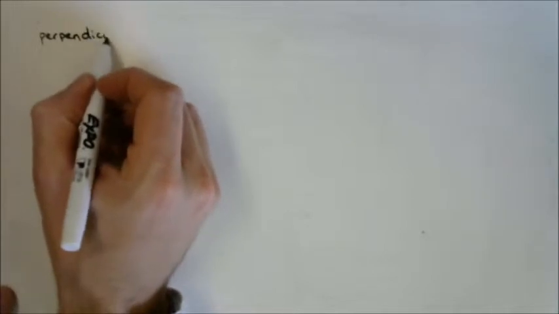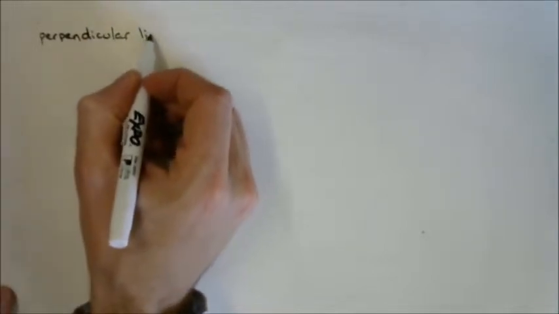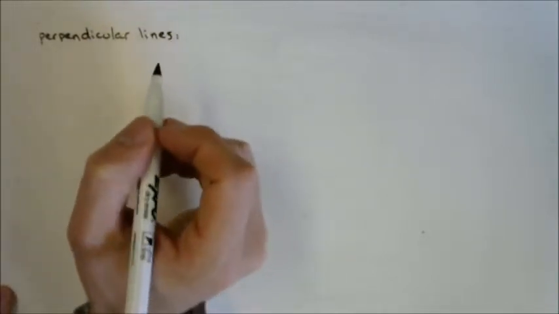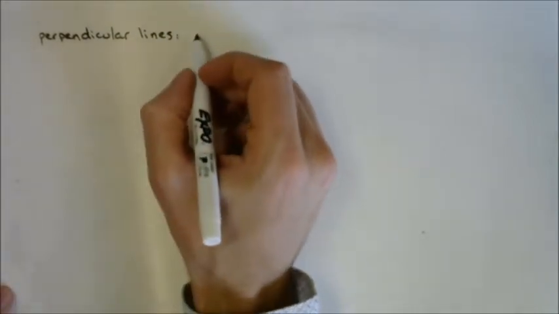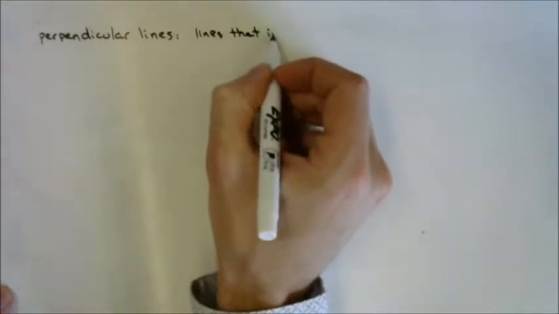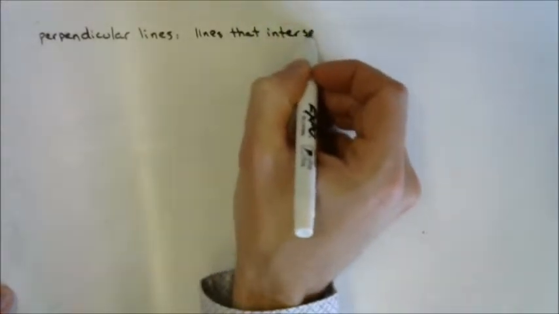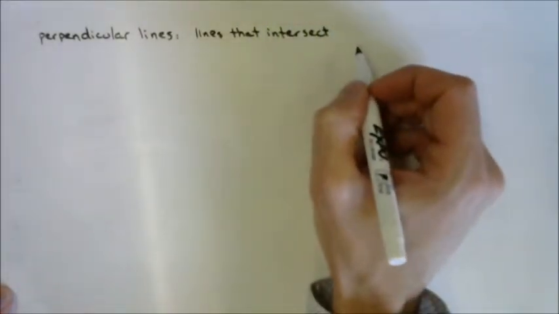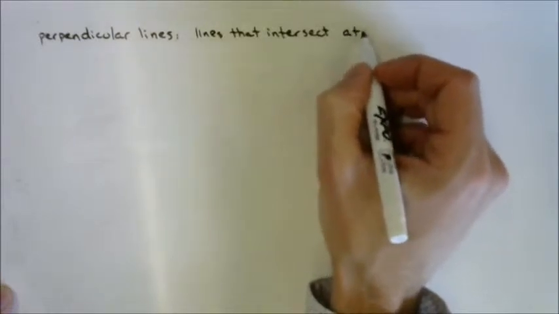Okay, to the right of that you have some space to take notes on perpendicular lines. Perpendicular lines. These are lines that intersect at right angles.